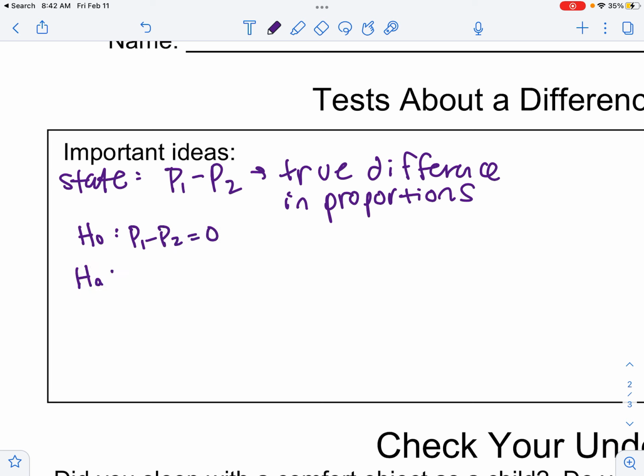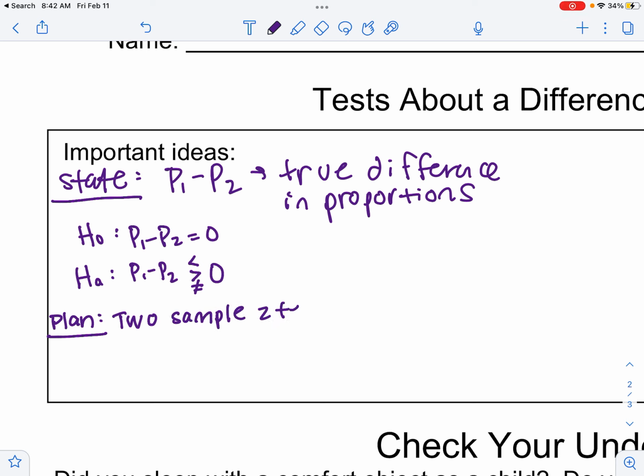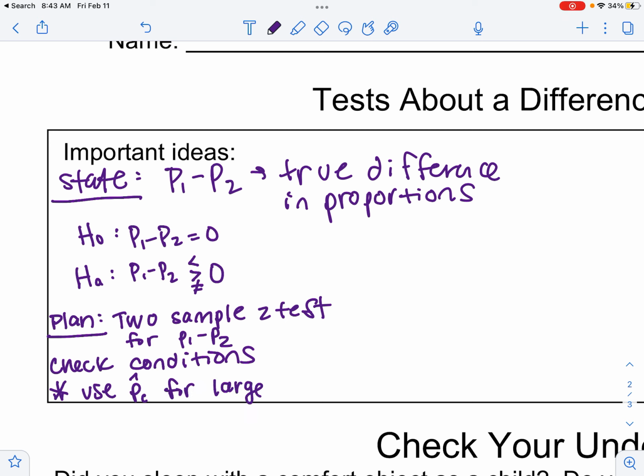And then our alternative hypothesis, p1 minus p2, can either be less than, greater than, or just not equal to 0. Those are our three options. For the plan phase, we start by naming, which for these two samples is a two-sample z-test for p1 minus p2. Then we check conditions, and remember to use the p hat combined for large counts.